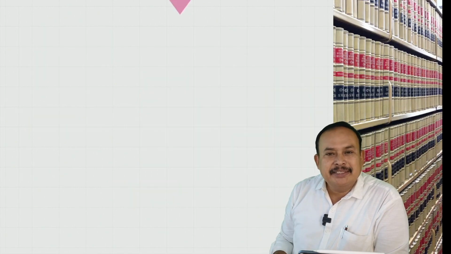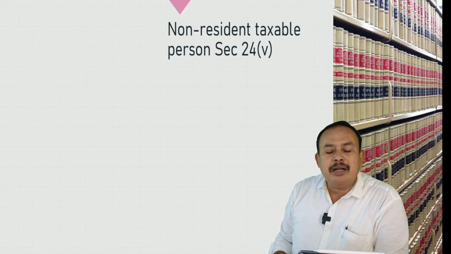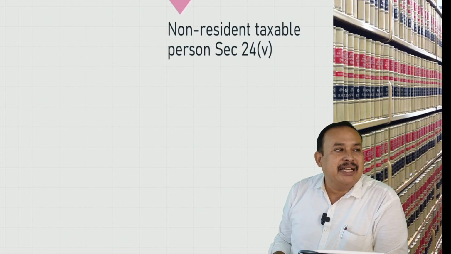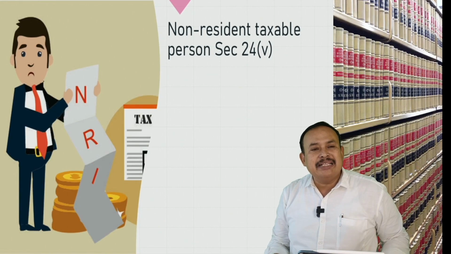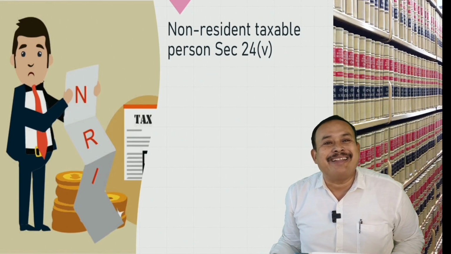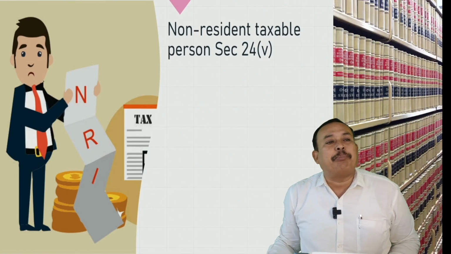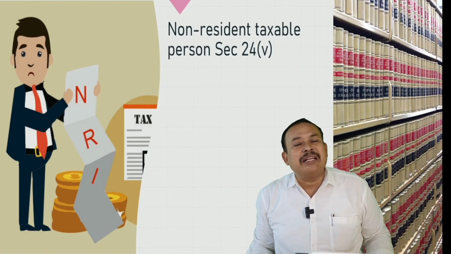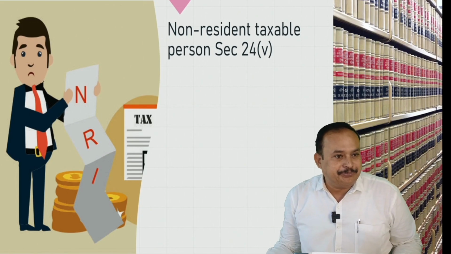Further, now listen to me. Non-resident taxable person, NRTP. Who is NRTP? A person from outside India coming to India for temporarily carrying on business in India, and once the purpose of the business is over, he goes back to his home country.